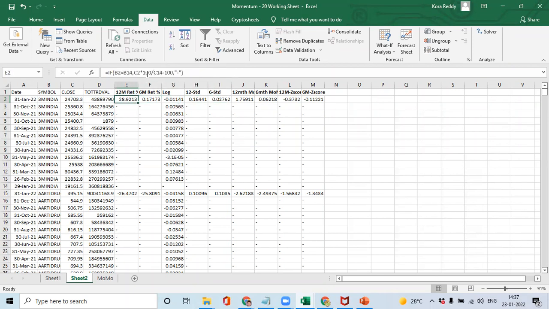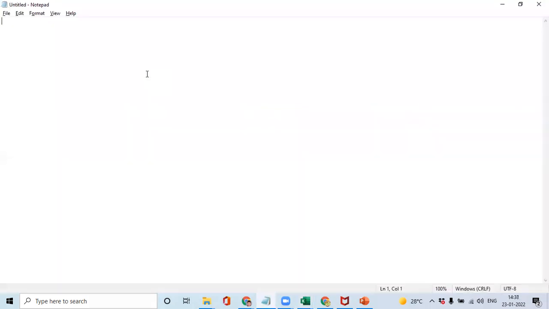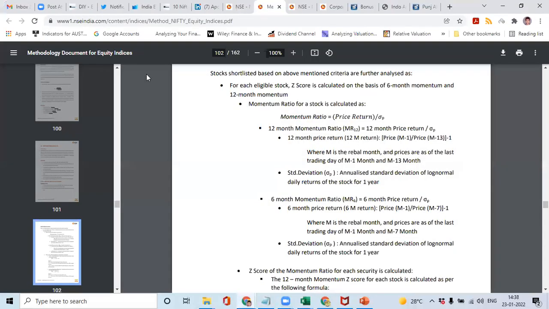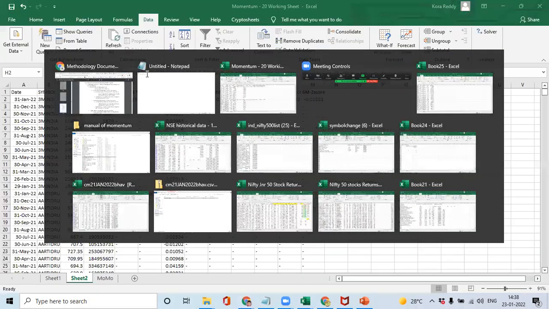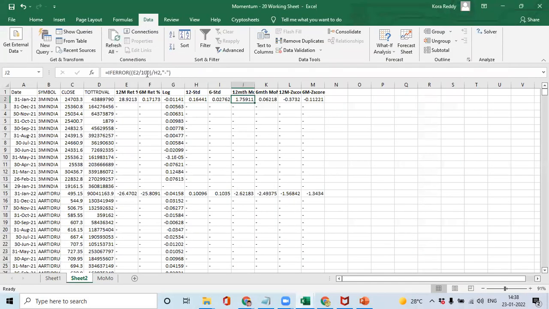So we have price, we have standard deviation, and we calculate price divided by the standard deviation. That's exactly what I'm doing. Price divided by price change, because it's in percentages, so I converted it into a normal number, divided by the 12 months standard deviation.